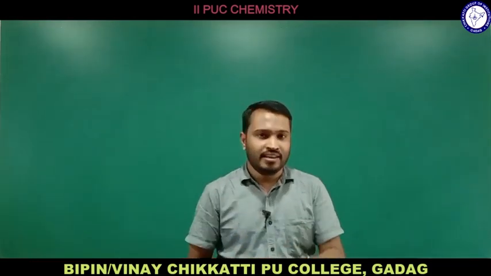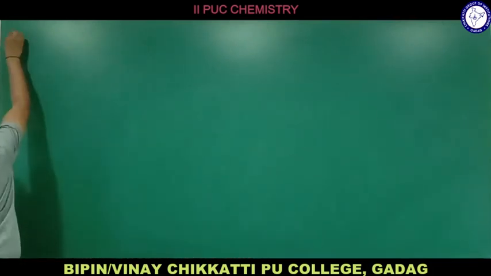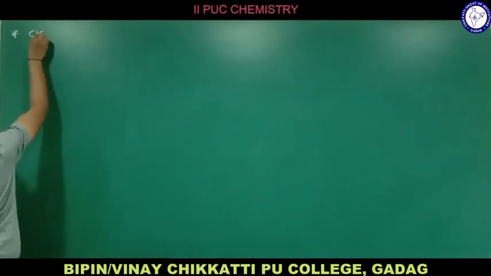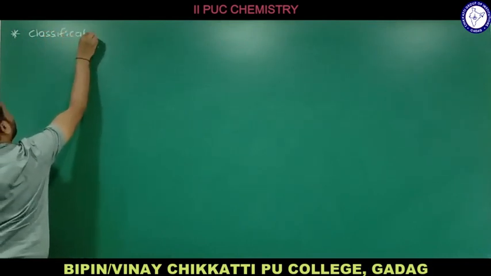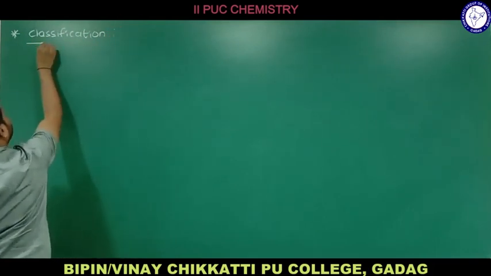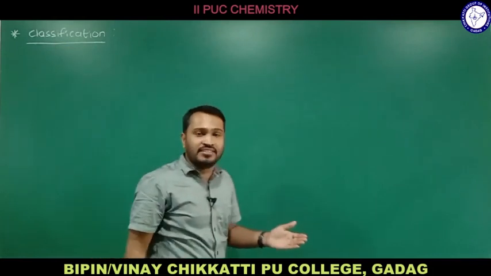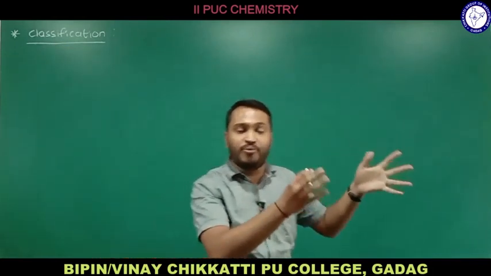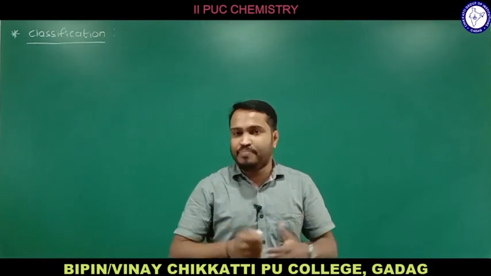Now we will see classification of amines. Remember, it is based on a condition that, as we know, amines are the derivatives of ammonia, and hydrogen atoms of ammonia can be replaced.